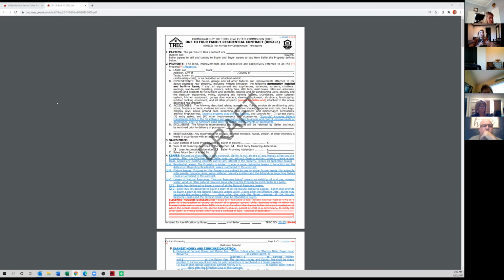You can check tax records, you can check the seller's disclosure. There are a lot of different ways to make sure you've got the right seller names in there from the very beginning. Same thing from the buyer's perspective. You want to make sure the right buyer names are in there from the beginning. I usually match that to my pre-qual letter just to make sure that's exactly what the lender wanted from a buyer name perspective.